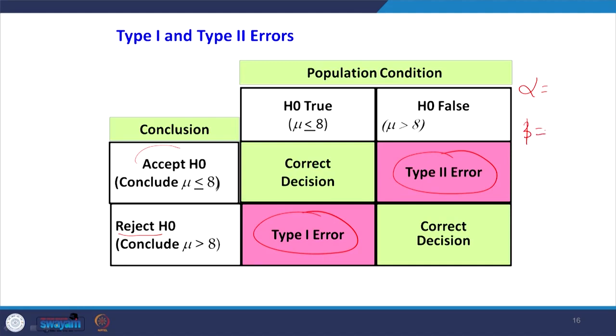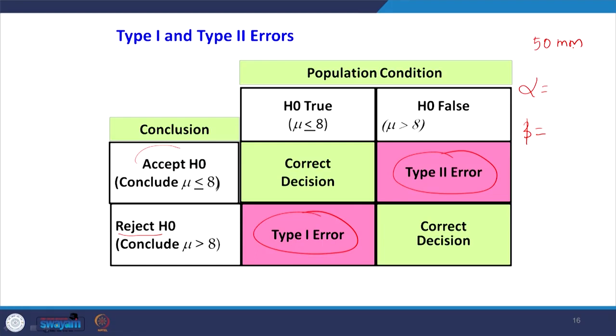What is the meaning of producer risk and consumer risk? Assume that I am the manufacturer, the producer, and I am producing shafts whose diameter is, for example, 50 mm. Suppose a supplier comes, takes some samples from my production lot, and rejects my lot.